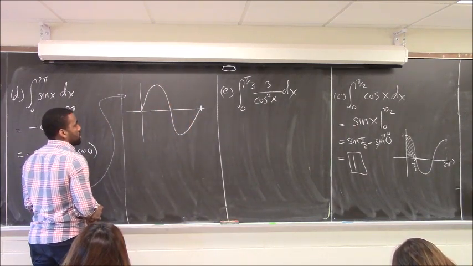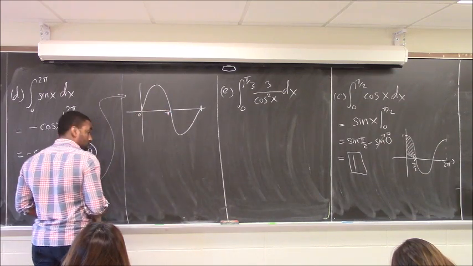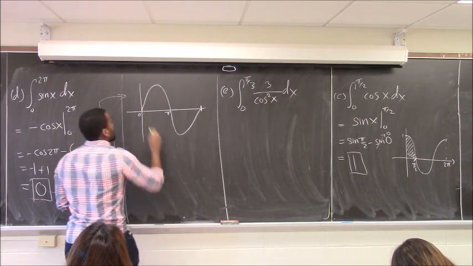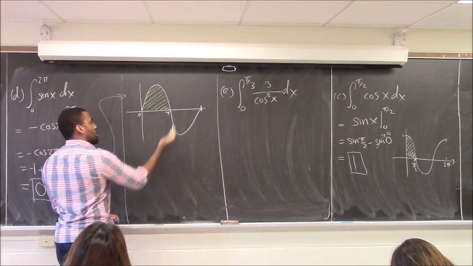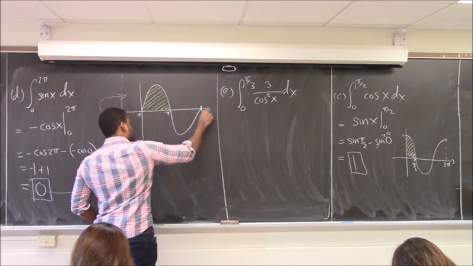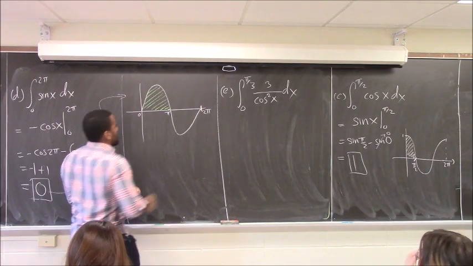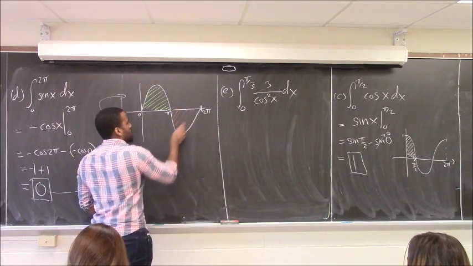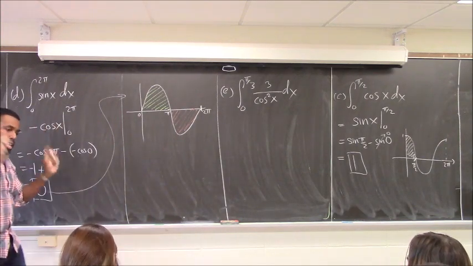And what you'll notice is the area between 0 and pi will give us some value. Now it turns out that the area between pi and 2 pi is also going to give us a value, but it turns out that it will give us the negative value.